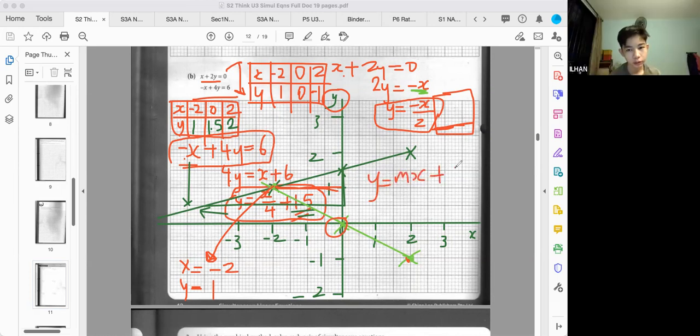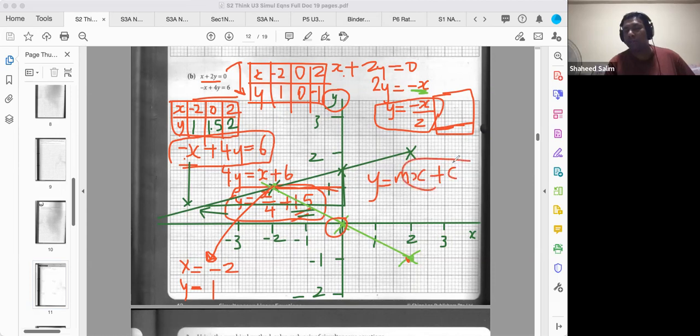If you don't have this, it's like y equals minus half x, which means no c here. That means it cuts at the point of origin, 0, 0. Where down here now, it is plus 1.5. Can you see it cuts at 1.5?